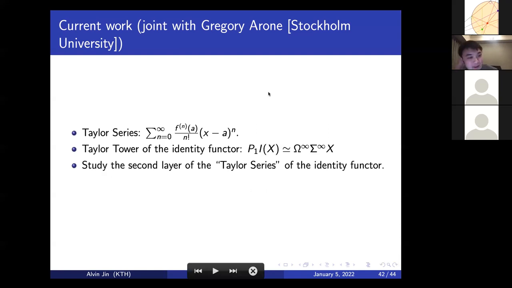And how does this work? For those of you who have taken calculus, you probably learned about Taylor series, but you can do Taylor series for more abstract functions. In particular, you get things called infinite loop spaces or suspension spectra that maybe Simon will tell you about if you do some sort of project on that.